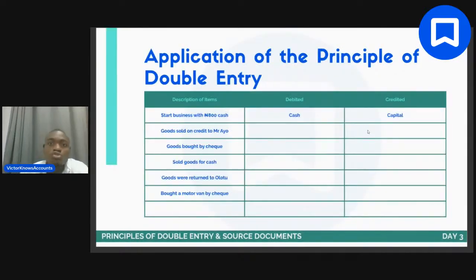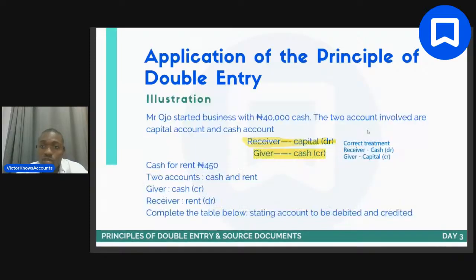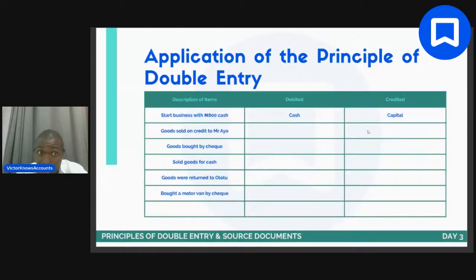All right, but let's go through this table to understand the application of the double entry principle better. So the first one, description of items debited and credited. If you start business with 800 naira cash, what do you debit? Just as we mentioned here, you debit your cash because cash is the receiver and you credit capital.